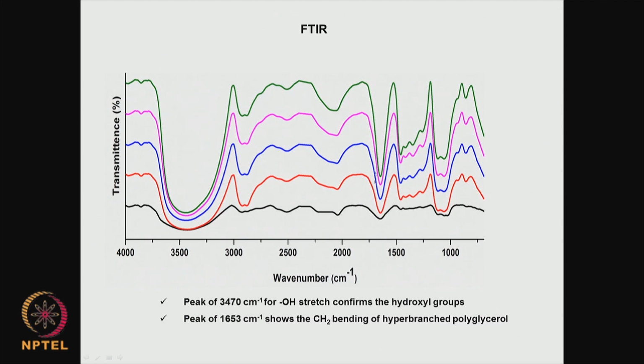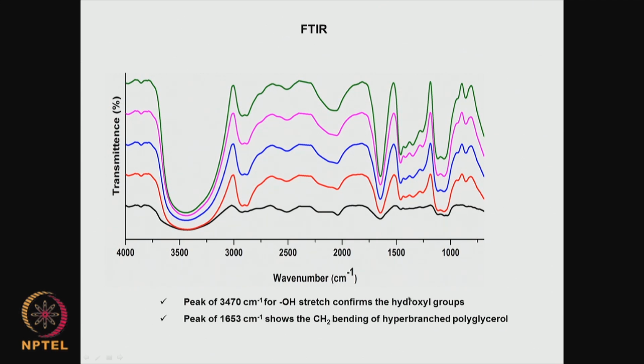This is a very simple polymer. Suppose there is a ketonic group, then you may have a peak around 1720, that is the ketonic C double bond O. If you are getting nitrile, you may have it much lower. So, we can monitor the presence of certain functional groups from these bands.